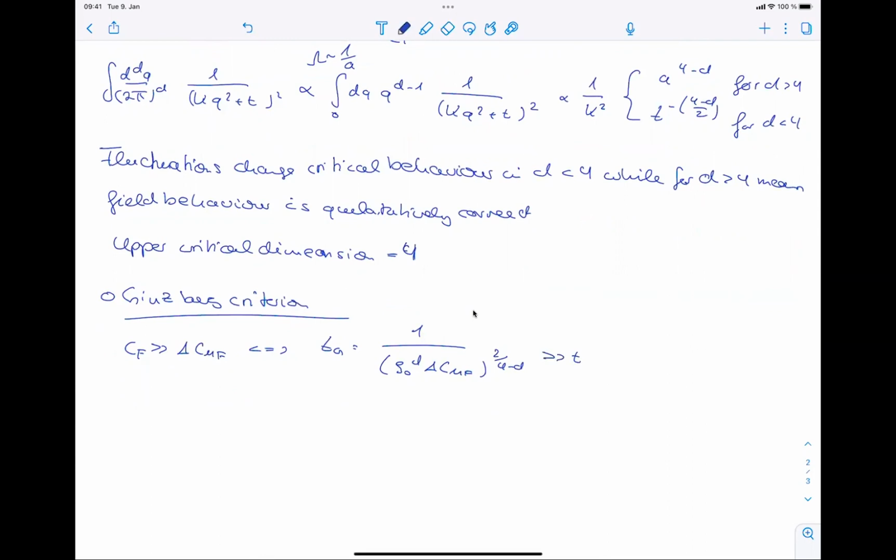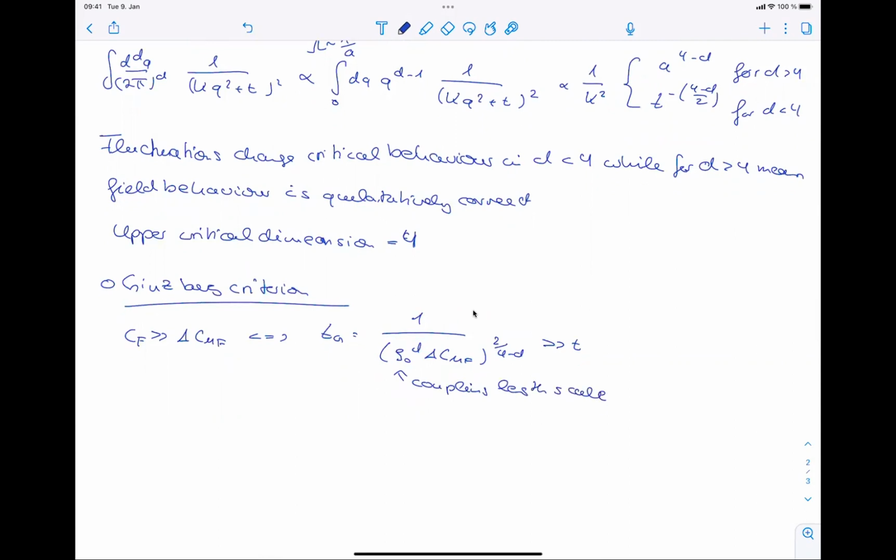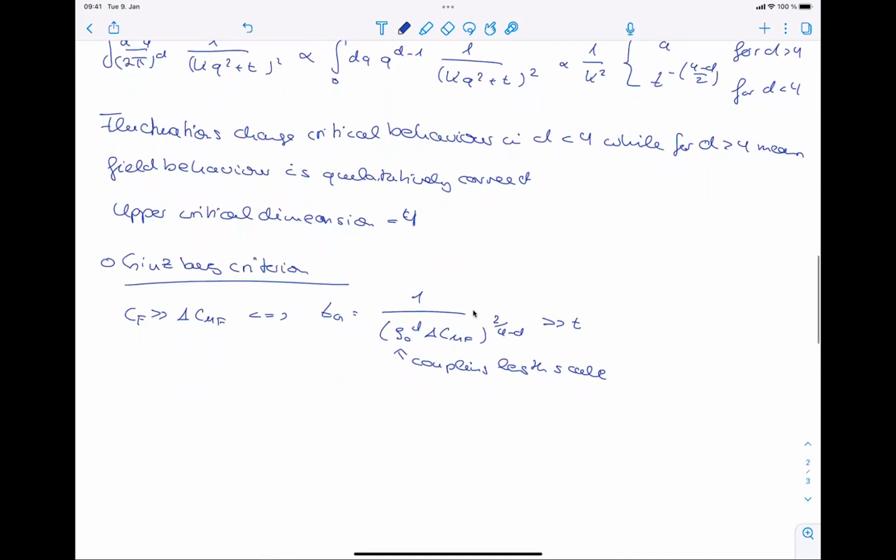So for temperature smaller than this critical temperature, we expect these fluctuations to show. And what's really governing this is this variable here, which is the coupling length scale. So here we recover really how intrinsic properties of the system govern their behavior. And here below T_G, fluctuations show.